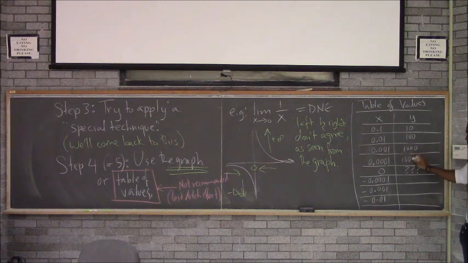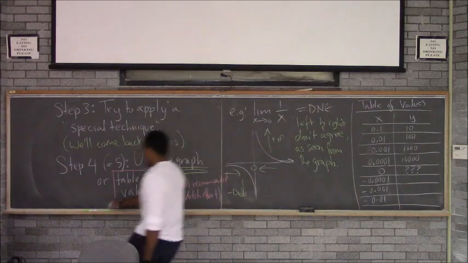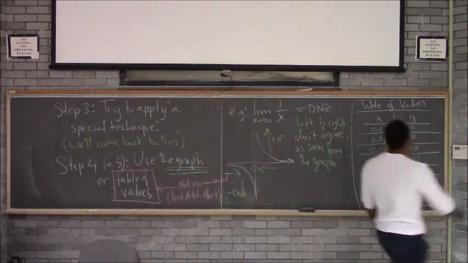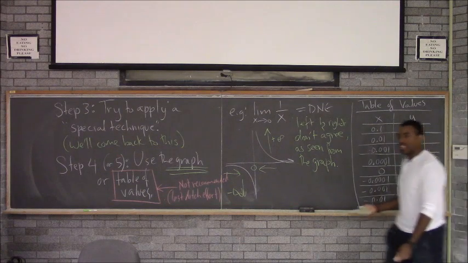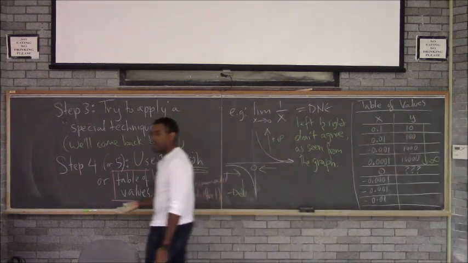Plug into that, it'll give me 10,000. Notice what's happening to these numbers. They keep getting bigger and bigger and bigger. Right? So I notice that as I'm approaching 0 from this side, the numbers are approaching infinity. I can imagine that if I put more zeros in, the numbers are just going to get bigger. Right? They're never going to settle somewhere. They just keep growing.